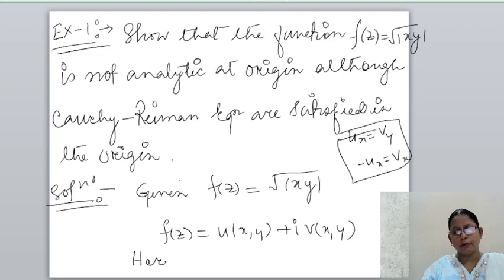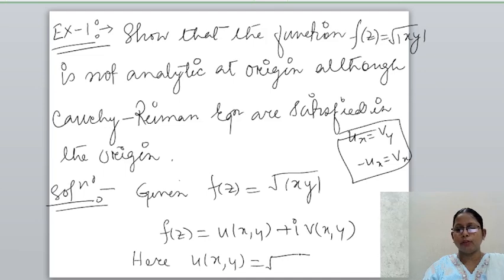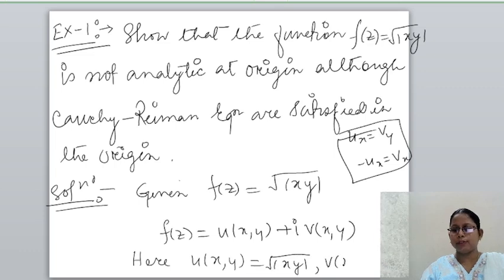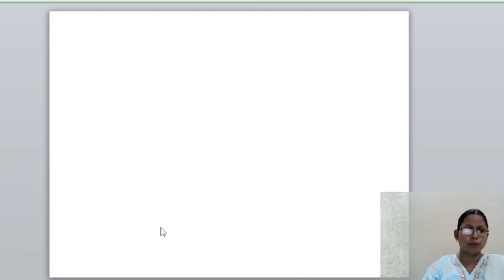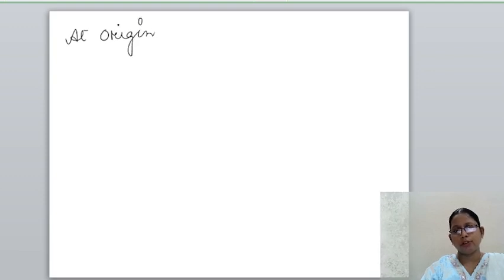Here our u(x,y) is root of mod of xy and v(x,y) is 0. Now find the partial derivatives at the origin of u and v both. That is, at the origin, del u by del x.